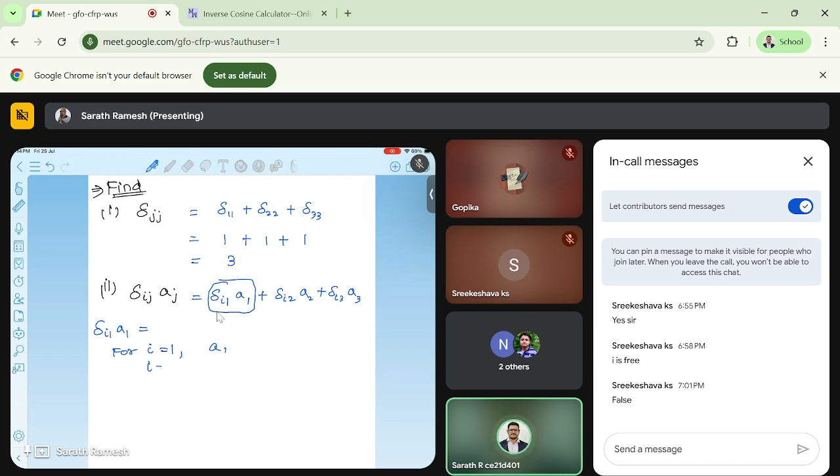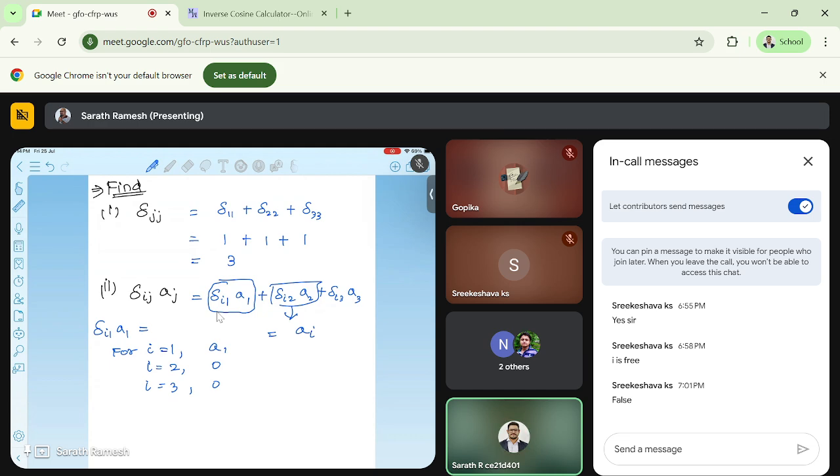For i equal to 2, it will become 0. For i equal to 3, it will again become 0. Only for i equal to 1 it will become 1. Similarly, for this term, for i equal to 2, it will become a2. So I can simply write the whole expression as ai.